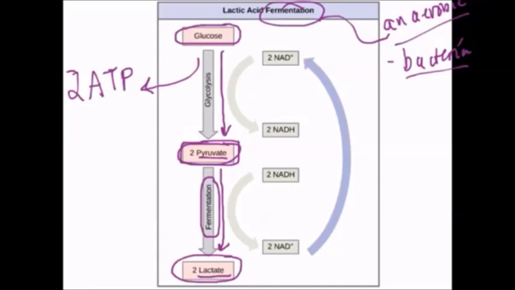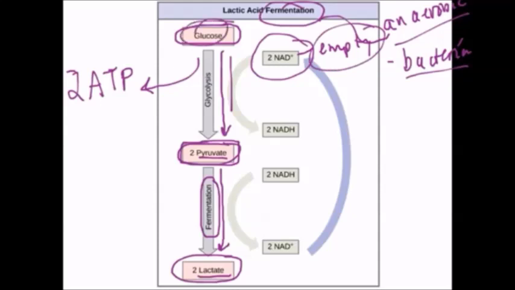What occurs during fermentation, the most important thing in this lactic acid fermentation, is how we can empty out the electron carriers. Remember that in order to keep glycolysis going, back up here, we have to have empty carriers, our NAD+, to come back and to glean or remove some of those hydrogens from our glucose molecule.